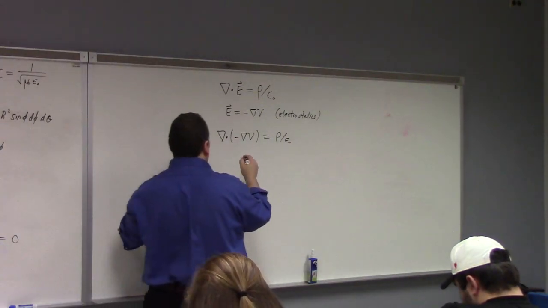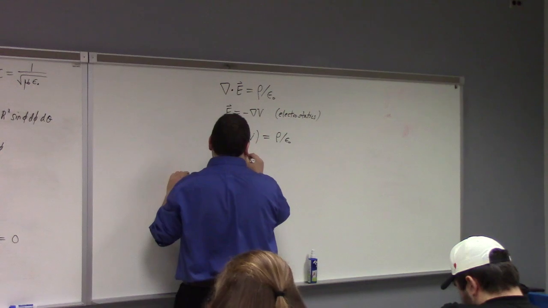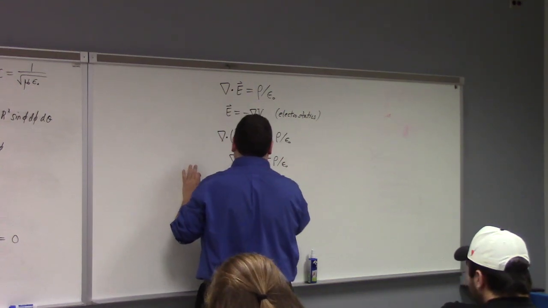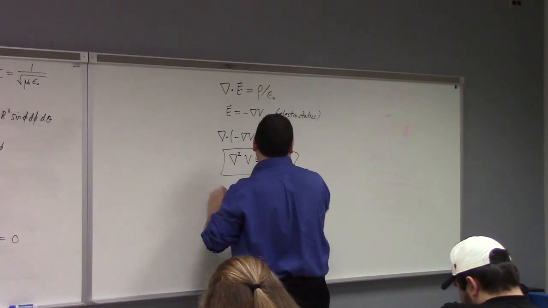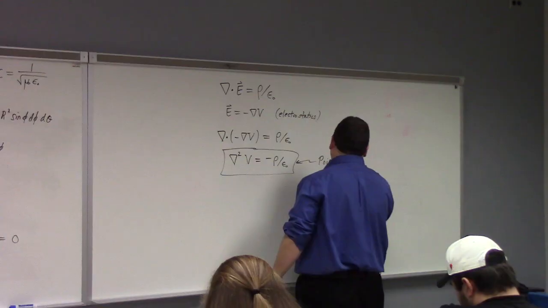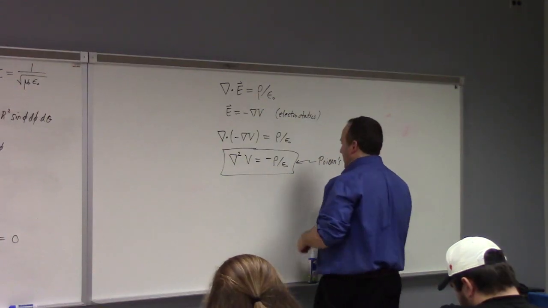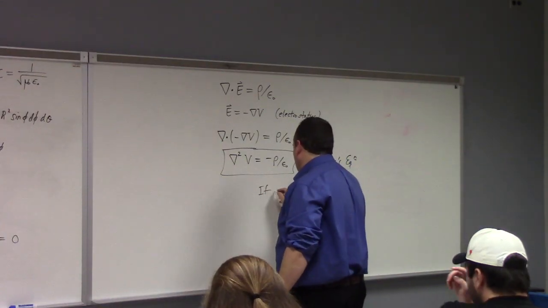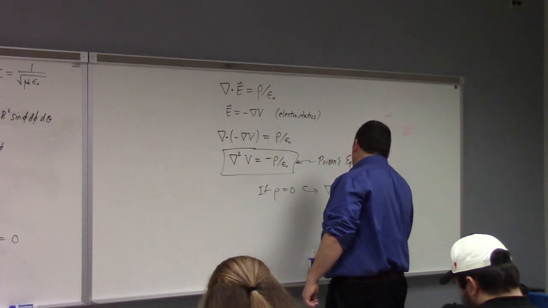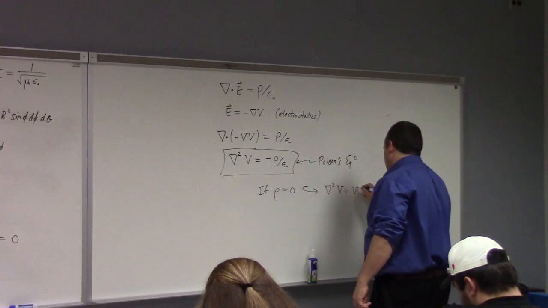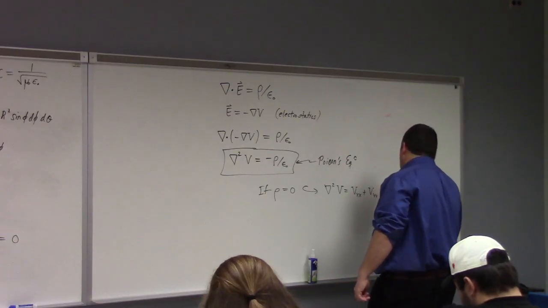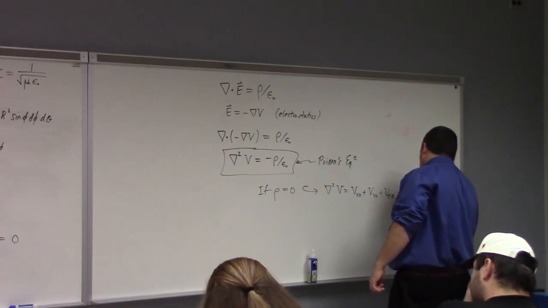This can be rewritten as so-called nabla squared V equals minus rho over epsilon naught. This is known as Poisson's equation. If rho is equal to 0, you get nabla squared V, which by the way is just Vxx plus Vyy plus Vzz, equals 0.